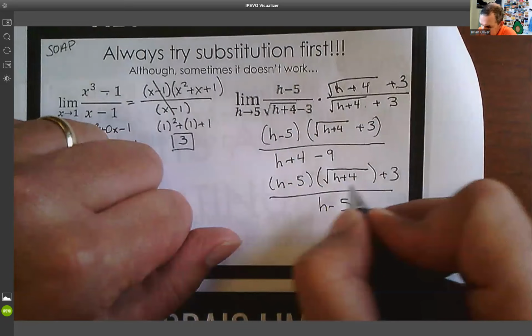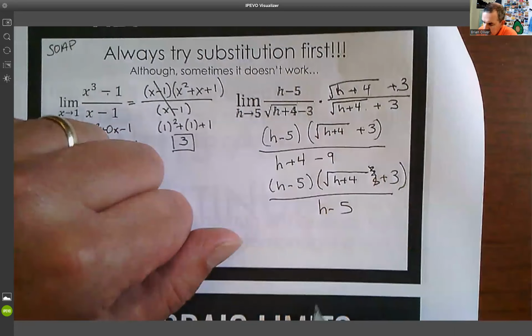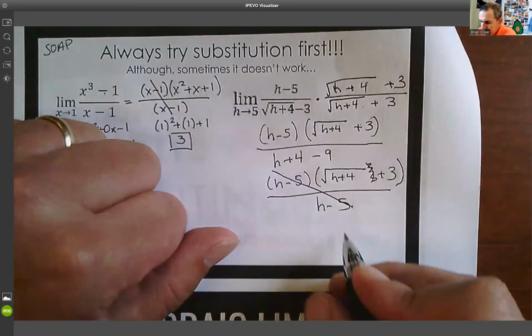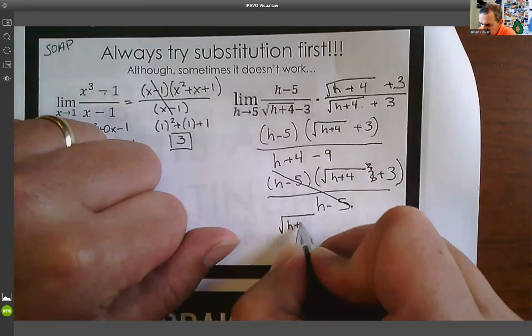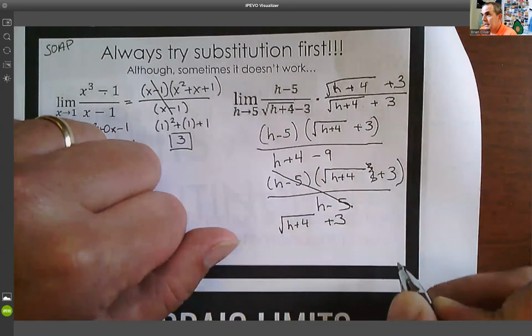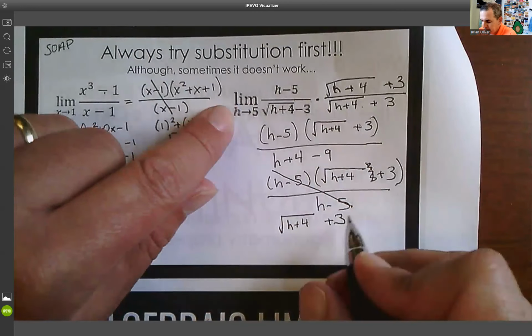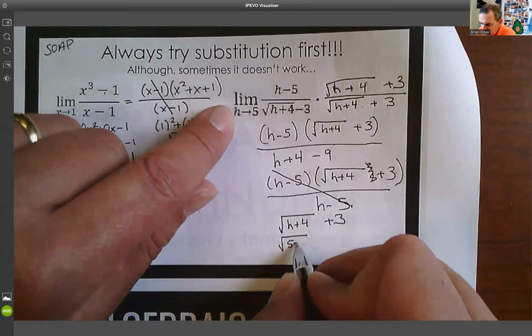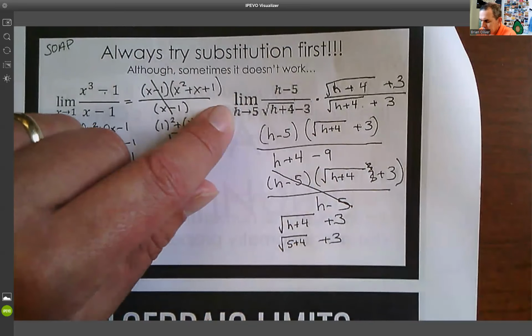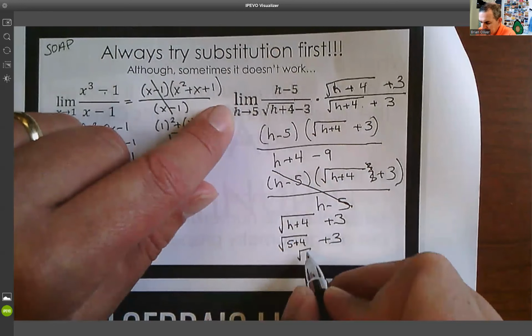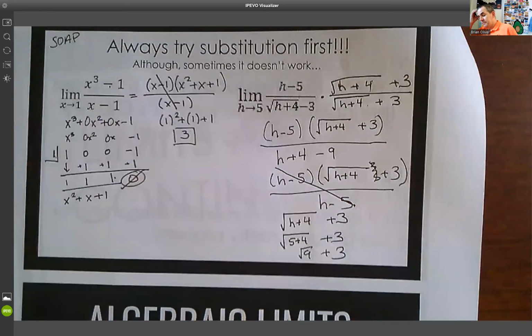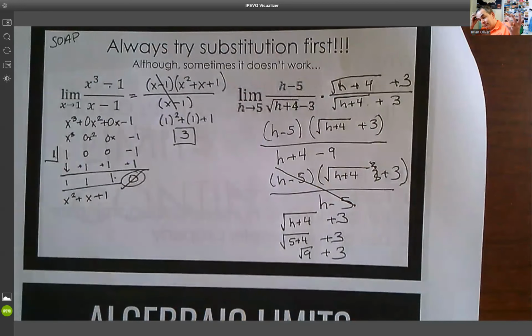And if you take a look, that cancels off. I'm left with root h plus 4 plus 3. And now I can plug my 5 in. Root 5 plus 4 plus 3. Root 5 plus 4 is root 9 plus 3. Technically, on this one, I could leave it like that. It's root 9 plus 3. Or you could call it 6.